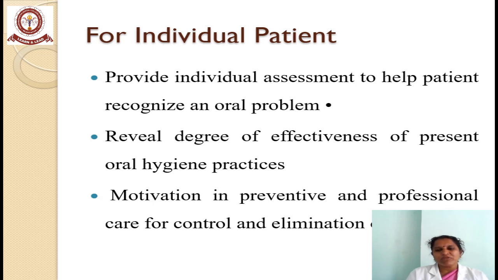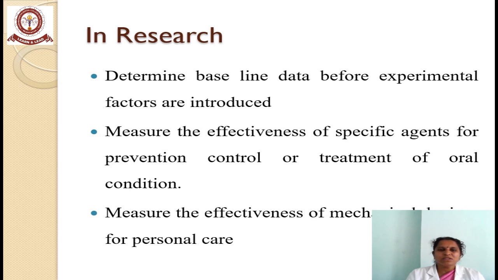For example, if we are advising oral hygiene measures, we can reveal the effectiveness of the oral hygiene practices they are performing, whether they are performing in a better manner or still improvement has to be done. We can show this to the patient, and we can also motivate the patient for prevention and for professional care for control and elimination of diseases.